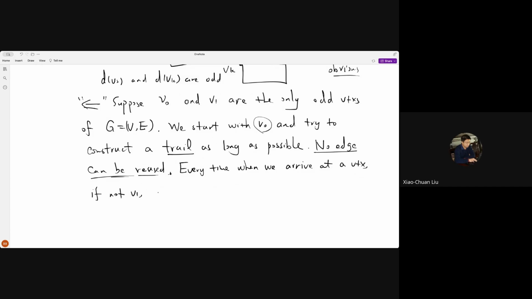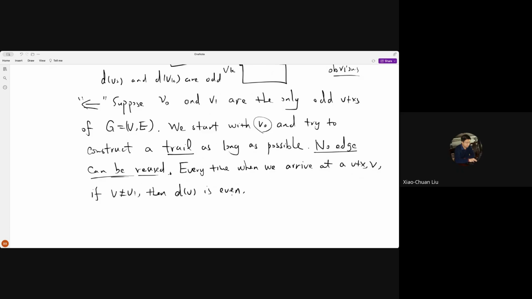If V is not V1, then we know that the degree of V is even. So we have used one edge to arrive at V. So it means that there is at least one other edge we haven't used.